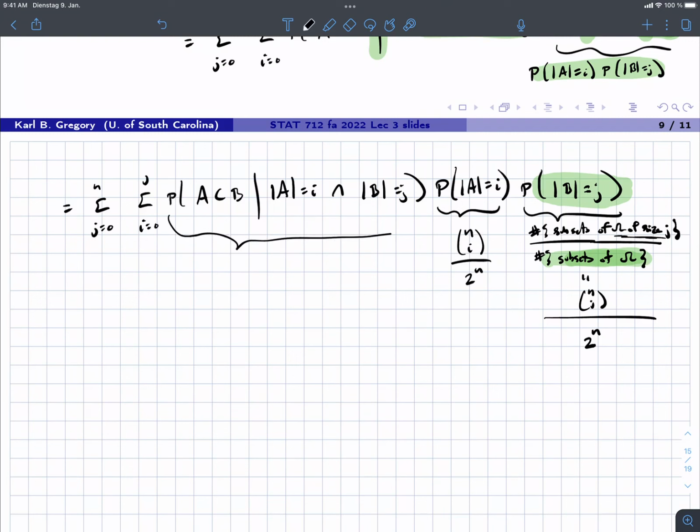Now I've got to think about this one. What is the probability that A is contained in B? I need to do counting again.